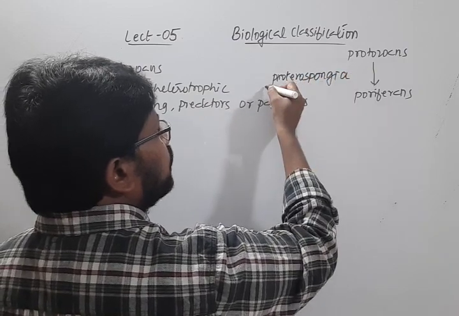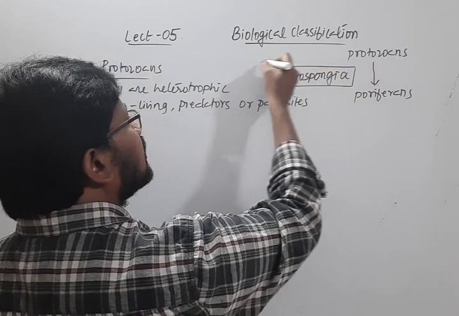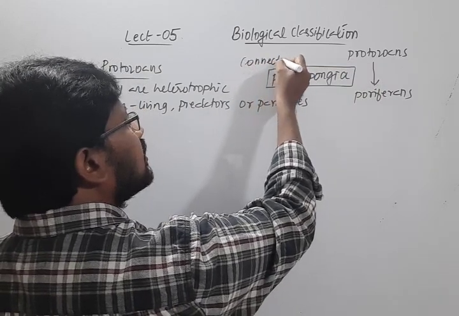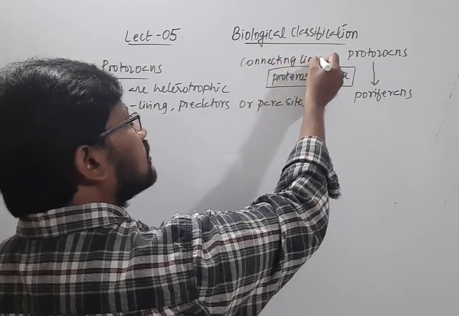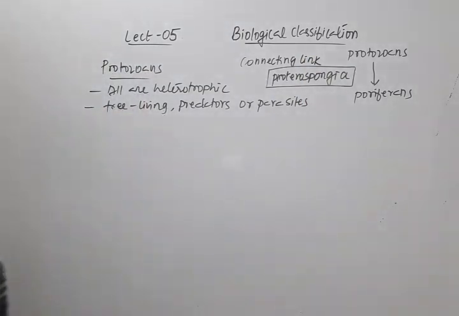That has evolved into these poriferans. Proterospongia will have characters of protozoans and also characters of poriferans, so that's why we regard it as a connecting link. So that's what these protozoans are, primitive relatives of animals.